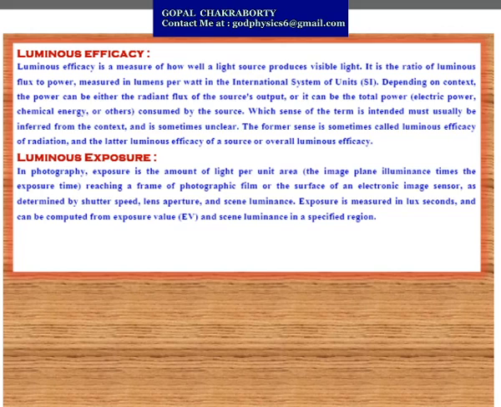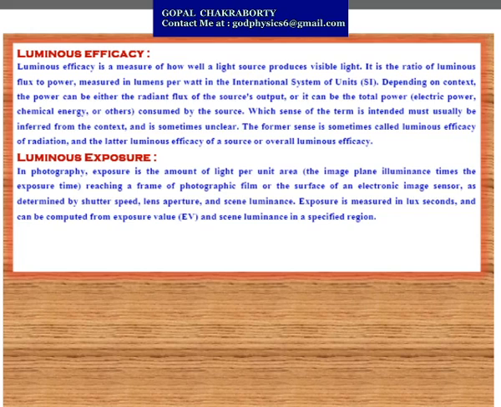Which sense of the term is intended must usually be inferred from the context and is sometimes unclear. The former sense is sometimes called luminous efficacy of radiation, and the latter luminous efficacy of a source or overall luminous efficacy.